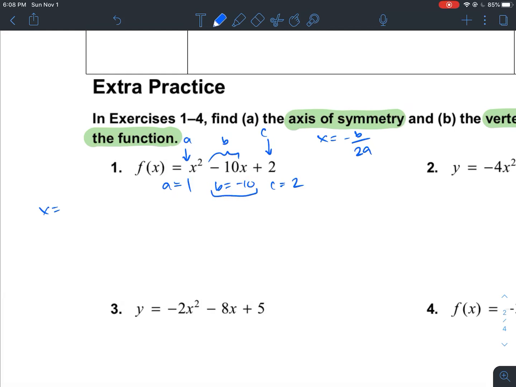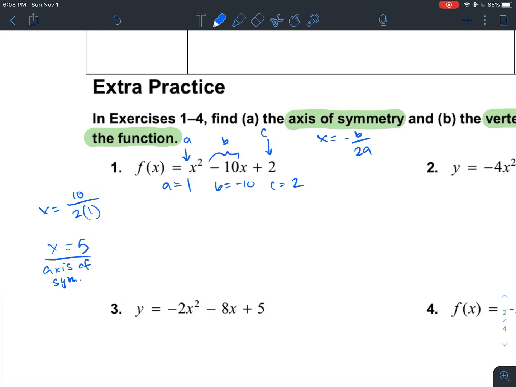We know b is negative 10, but because there's a negative sign out here, just think of it like you're doing the opposite of b. So if b is negative, I'm going to write just positive 10 instead of writing the negative, divided by 2 times a, which is 1. So I know here that x will equal 5, which is the axis of symmetry. So this right here is the axis of symmetry.